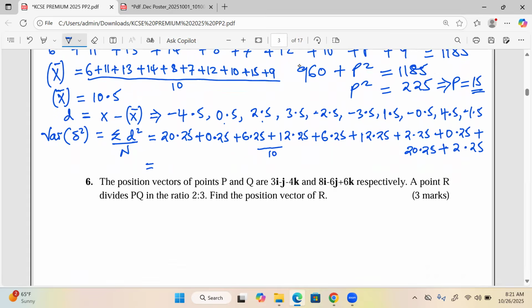Let me confirm whether the values are 10. 1, 2, 3, 4, 5, 6, 7, 8, 9, 10.